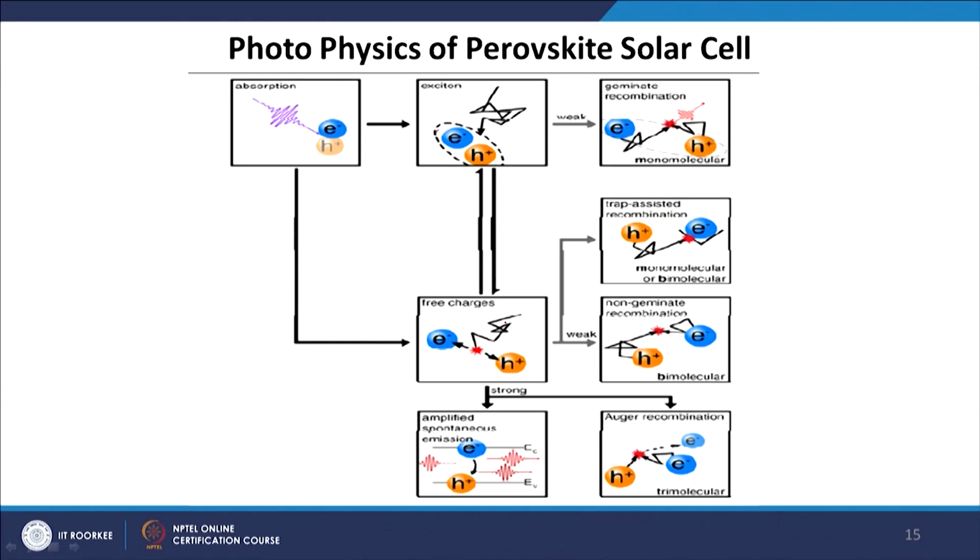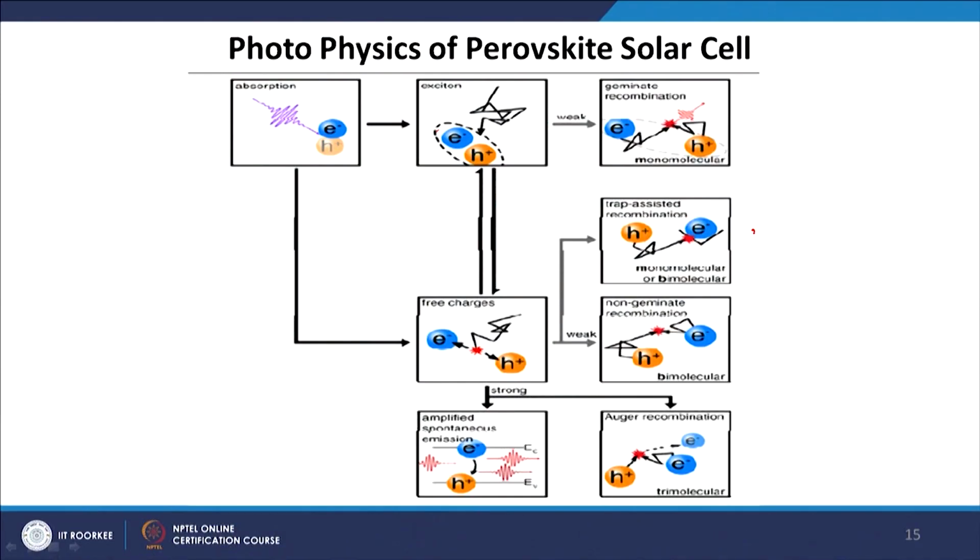So the free charge carriers can undergo two kinds of recombination: non-geminate recombination under weak light intensity, or trap assisted recombination. If the morphology of the film is very good, we can discard trap assisted recombination. Excitons under weak intensity undergo geminate recombination, that means band to band recombination.